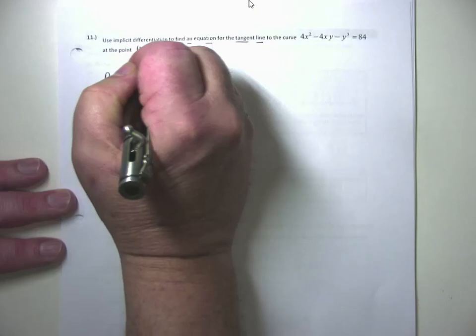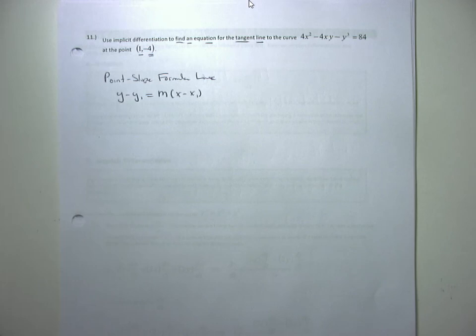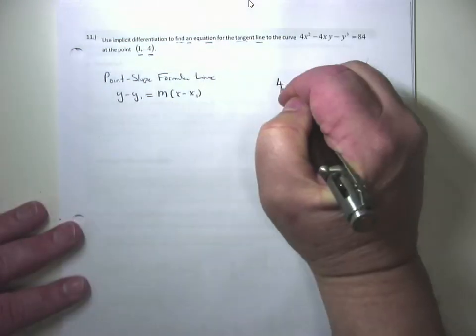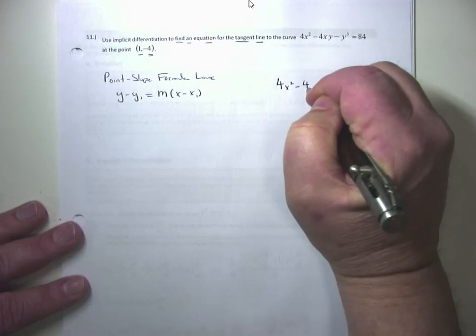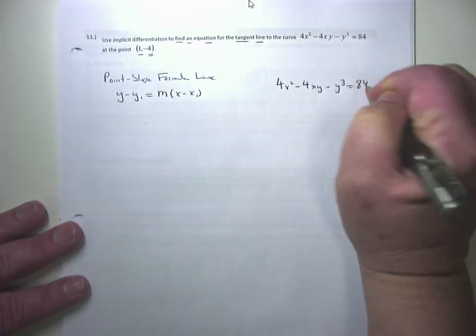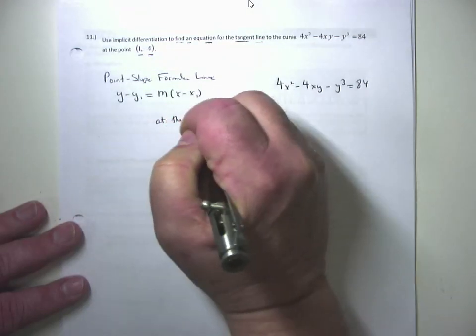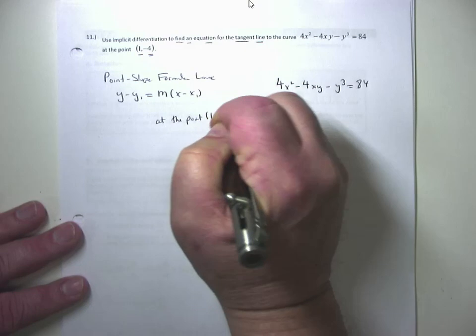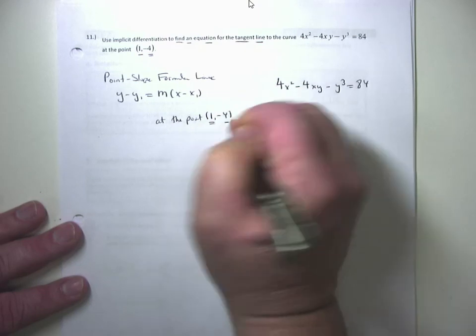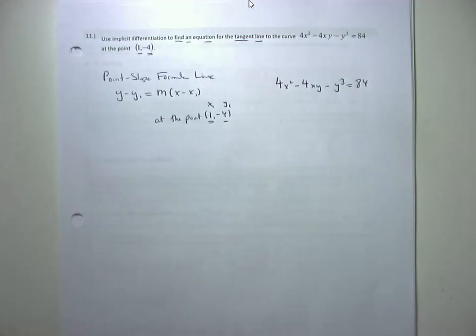We're supposed to find the equation of the tangent line of this equation, 4x squared minus 4xy minus y cubed equals 84 at the point (1, -4). So this is my point. This is your x1, this is your y1 that we're going to be plugging in.